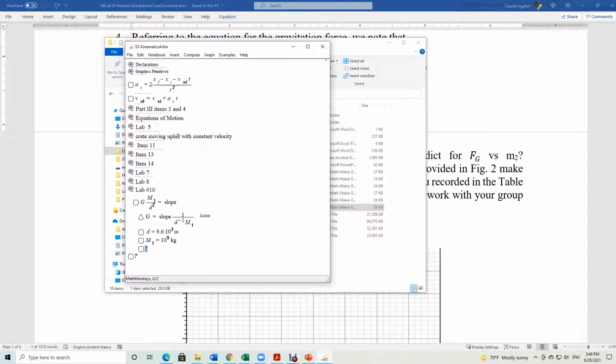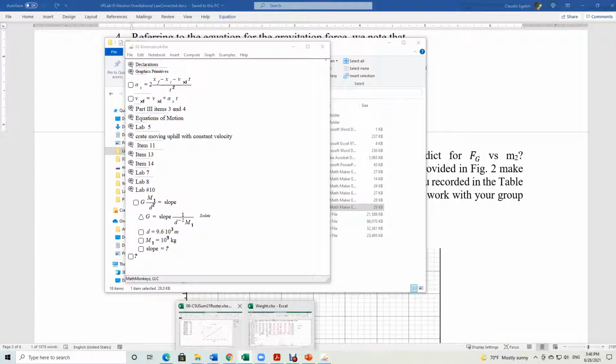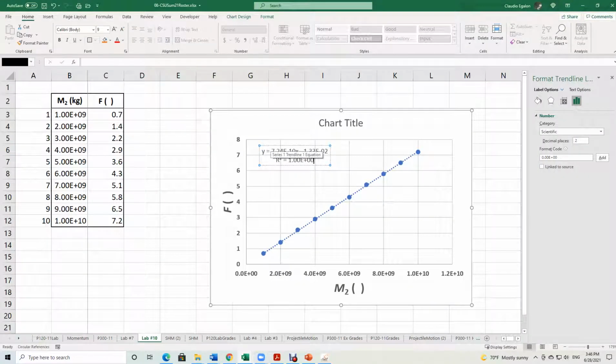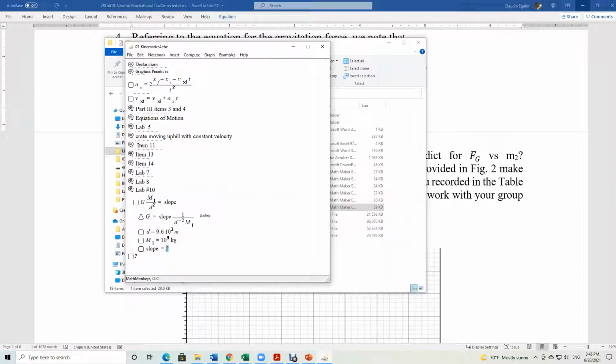And my slope, what's my slope is equal to? Go back there, it's equal to this value. Don't forget to put the units as well. I'm going to show you what the units are. Here you go. 10 to minus 10, and then what's the unit of the slope? You must put the units there. I'm going to put the multiplication sign, and I'm going to write down the units here in this question mark.